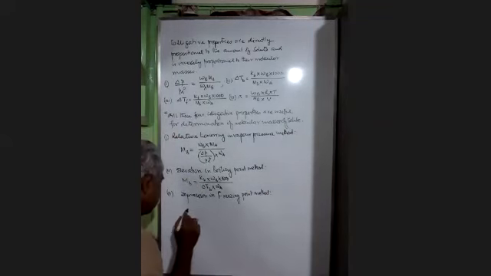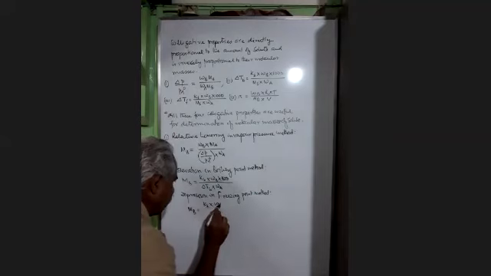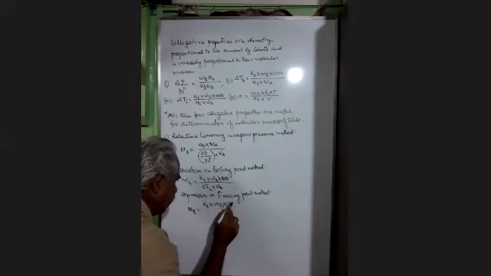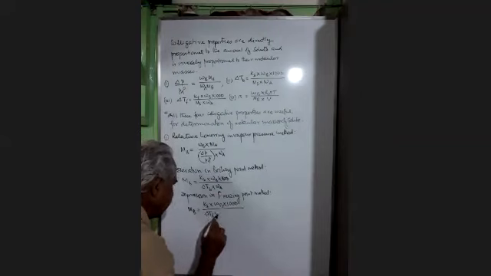It is same only. MB is equal to KF WB 1000 by delta TF into W.